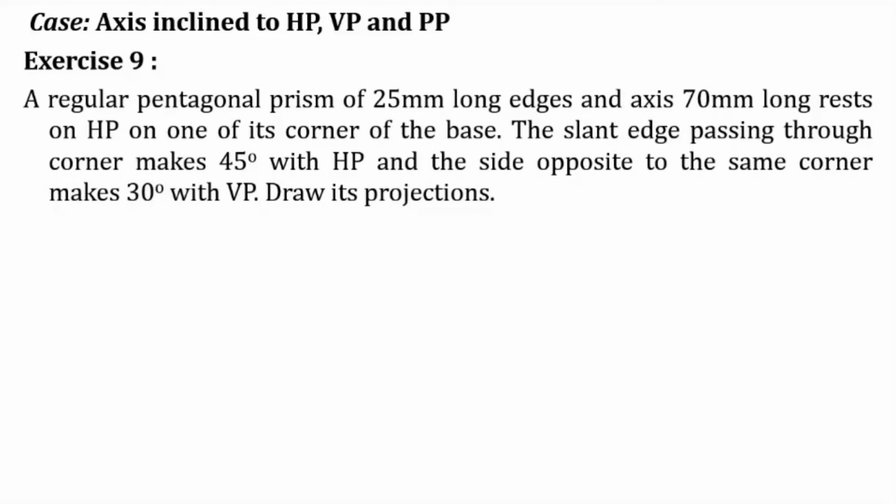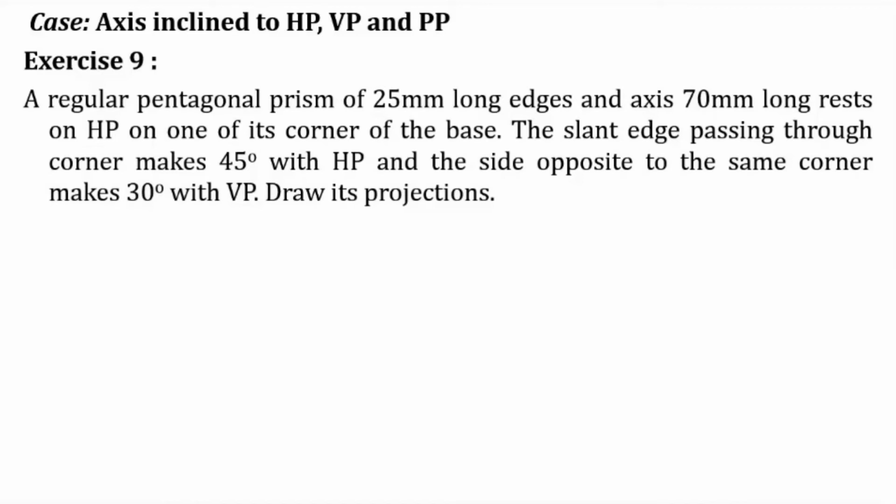We can draw this figure without making it parallel to HP, but that will be very difficult. So it is better to assume that the edge opposite to the resting corner is parallel to HP and makes 30 degree with the VP.